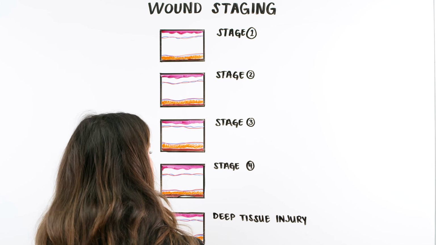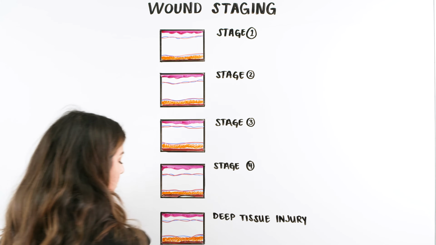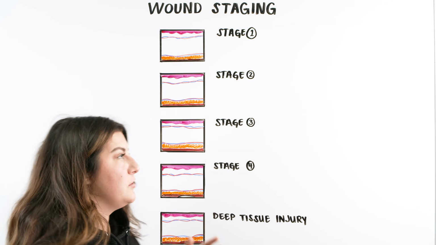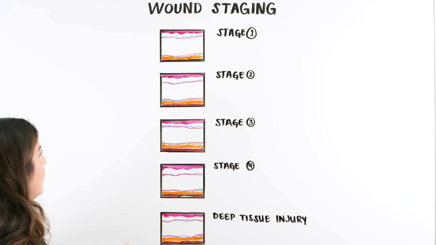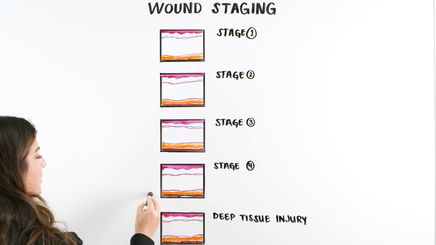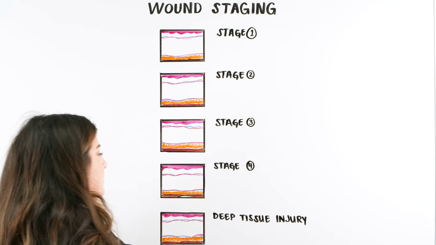So to refresh a little bit, remember our skin is one of our largest organs, and it helps regulate our body temperature and protect all of our organs inside. We have all these different layers, and I'm going to use this diagram because it has the most.